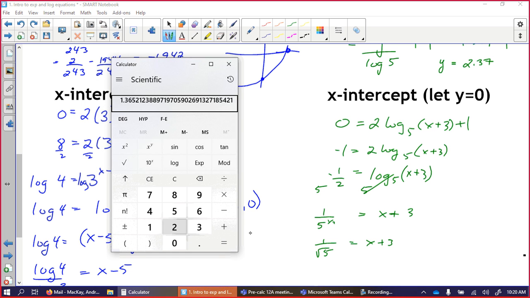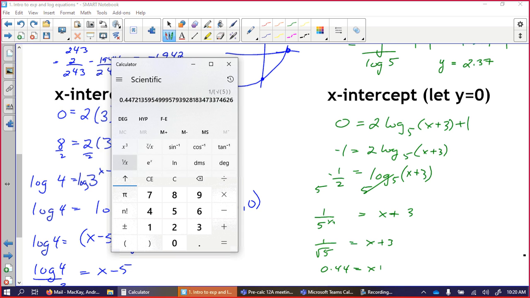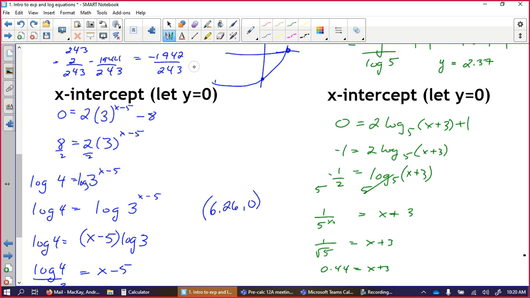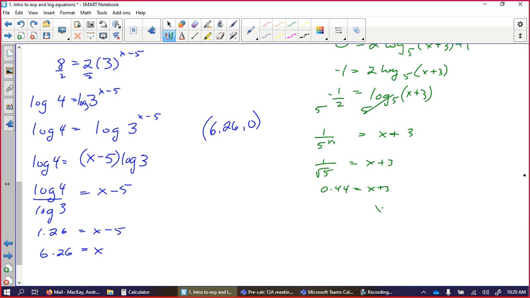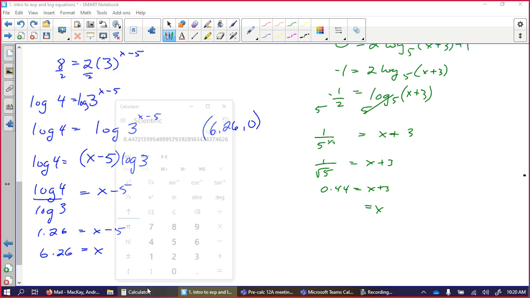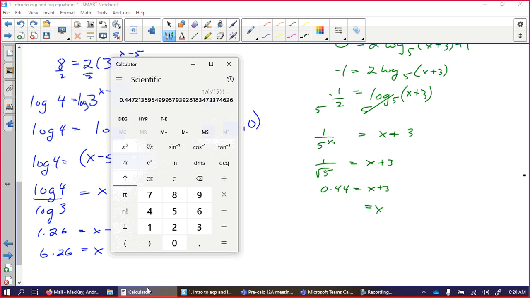We can evaluate that now. The square root of 5, take 1 over it, is 0.44, and that equals x plus 3. So x is 0.44 minus 3, which is like negative 2.56.